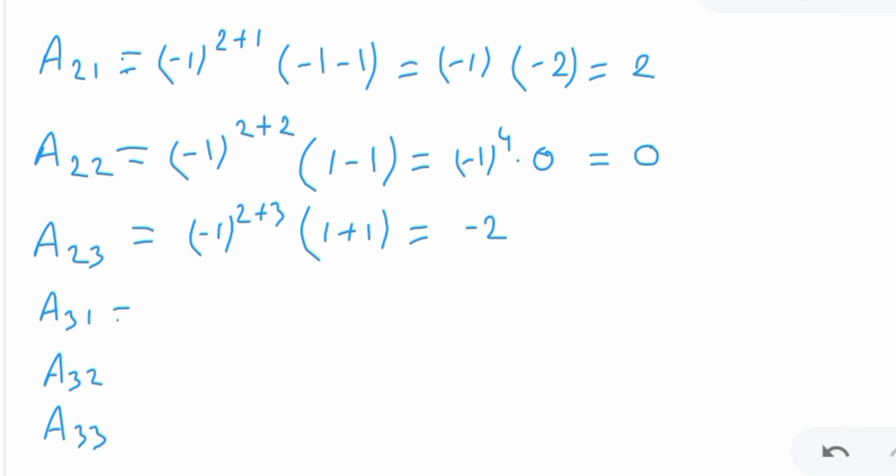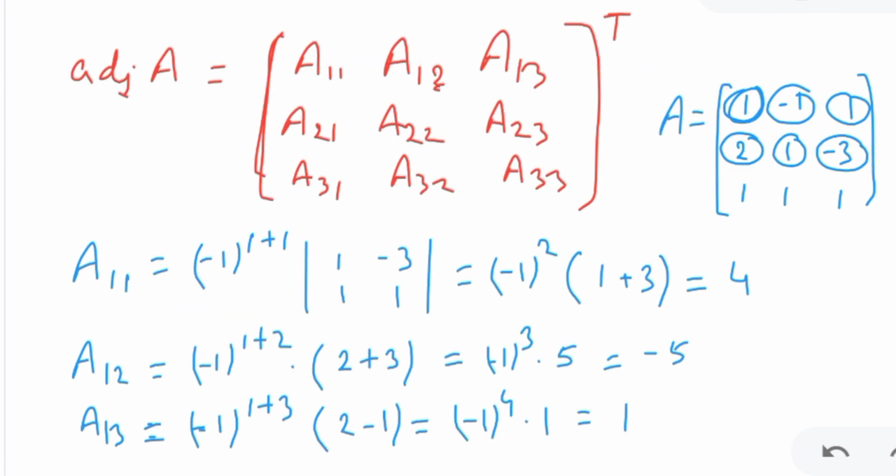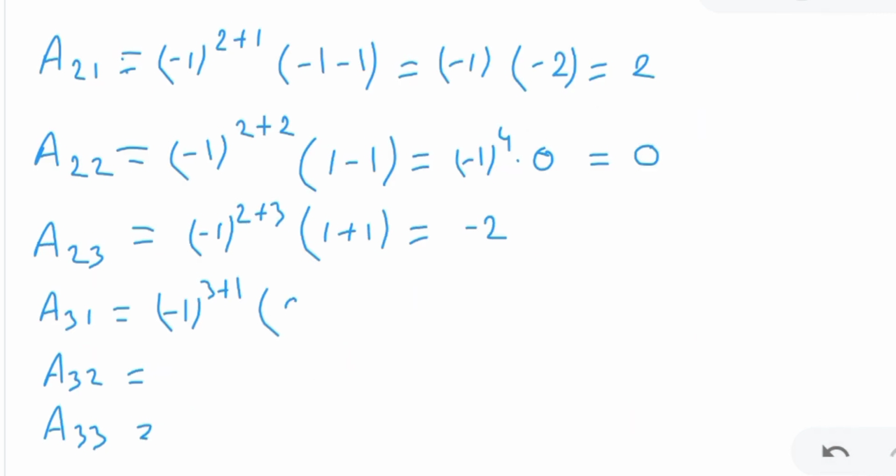Okay. So minus 1 to the power 3 plus 1, and then for this element, the corresponding row and column will go. Minus 1 into minus 3, 3 minus 1, correct? 3 minus 1. So minus 1 to the power 4 is an even power, 1, and 1 into 2 is 2, correct?